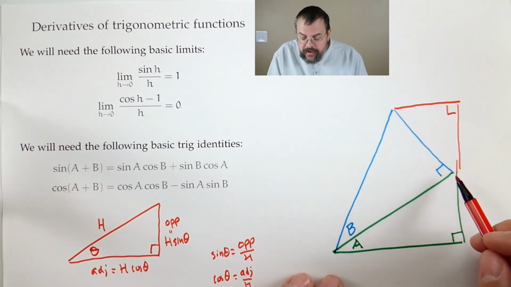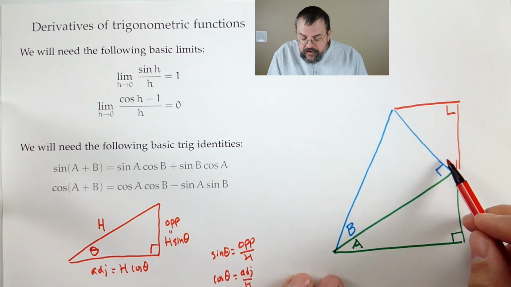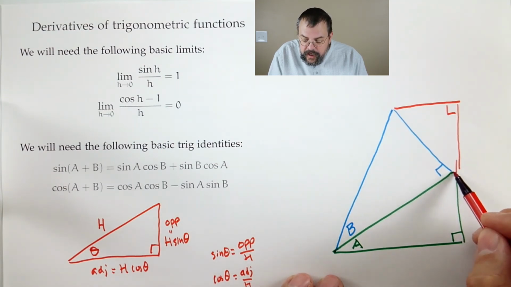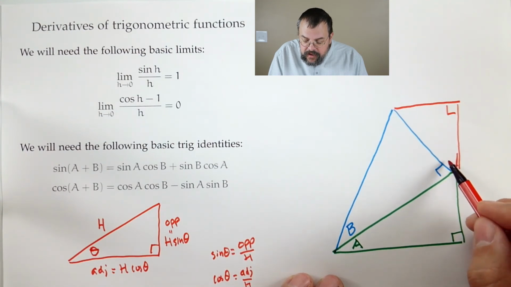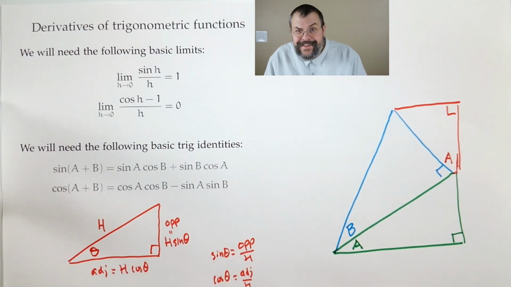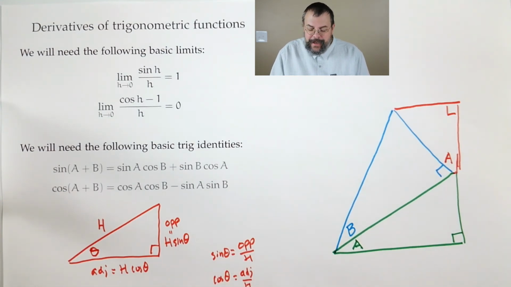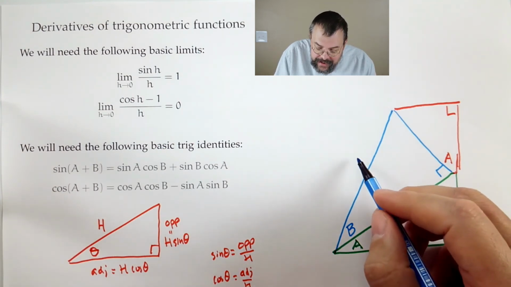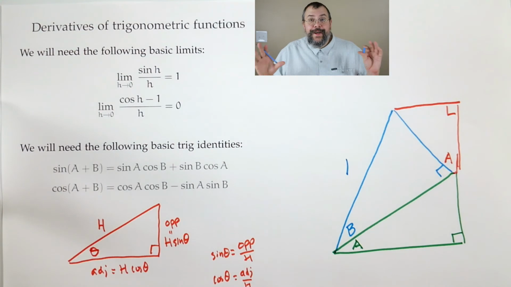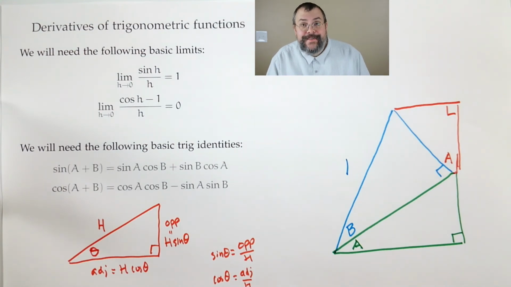This angle is the complement to that angle, because notice there you have 180 degrees here and a 90 degree angle. That means this angle here in the corner is A. Now, I'm going to tell you that this side has length 1. And the goal is to mark down all the lengths in this picture.